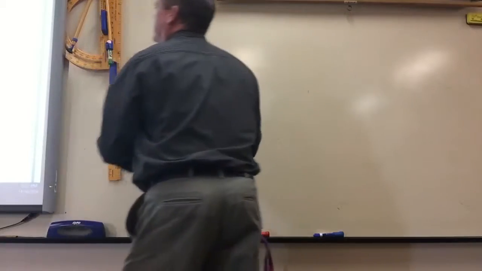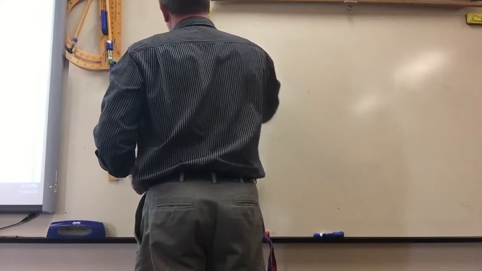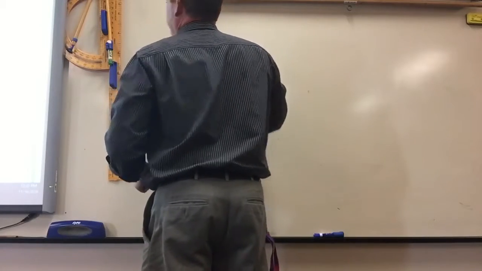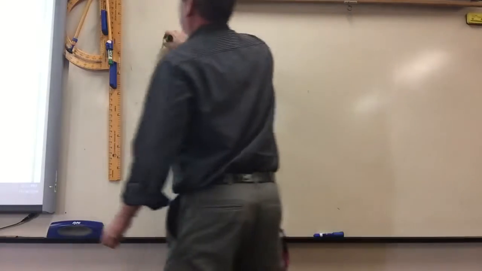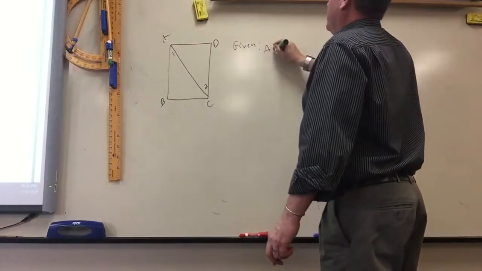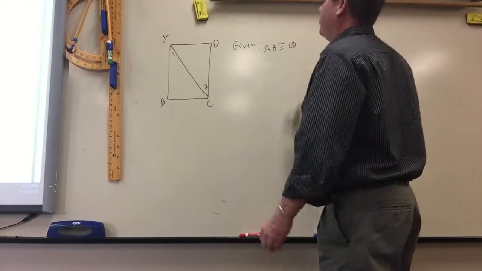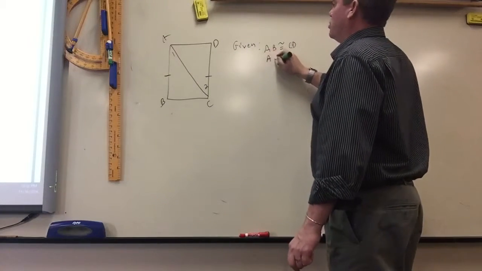Okay, this one. I should move over here. Okay, so it's given to us that AB is congruent to CD. So this equals that. And then it's also given that those two lines are parallel.